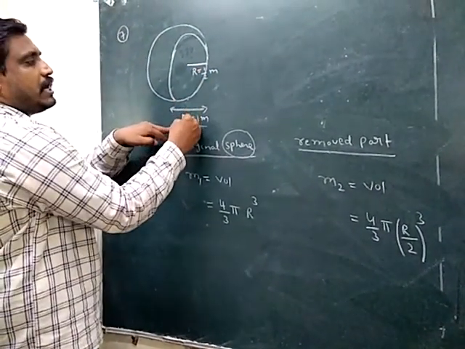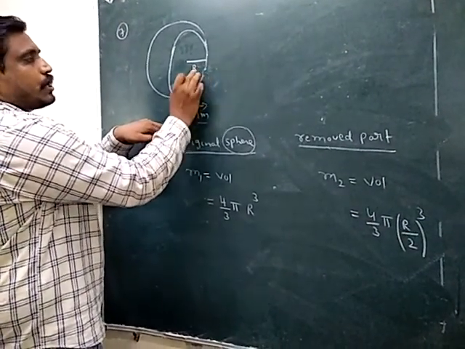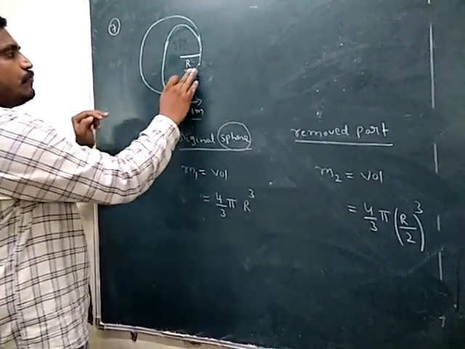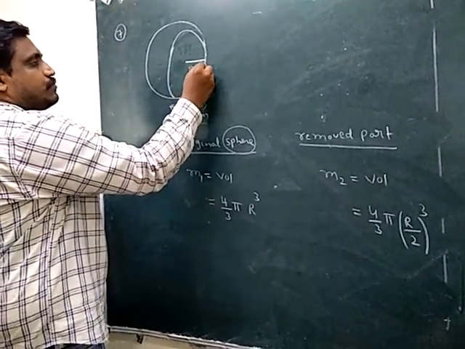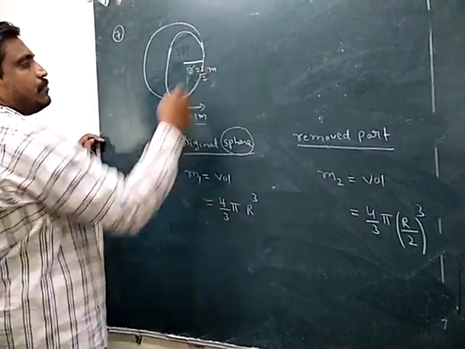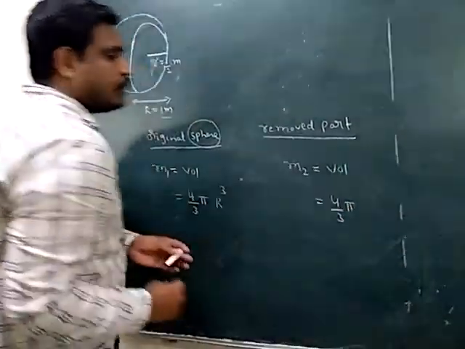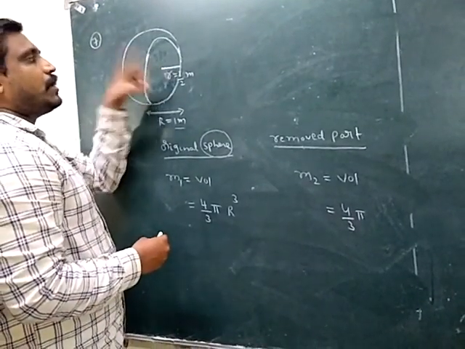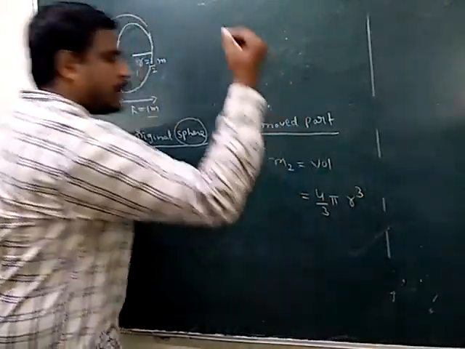This removed part is small r, given as 1/2 meter. Here a large sphere radius is capital R. Removed part radius is small r. 4/3 pi small r cube.